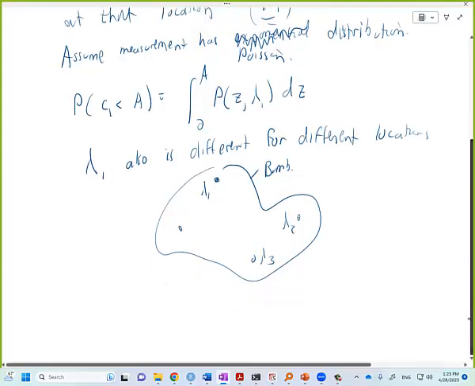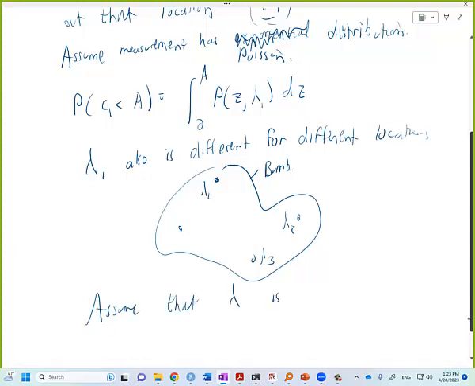And we'll assume that lambda also has a probability distribution, because it's not the same everywhere.